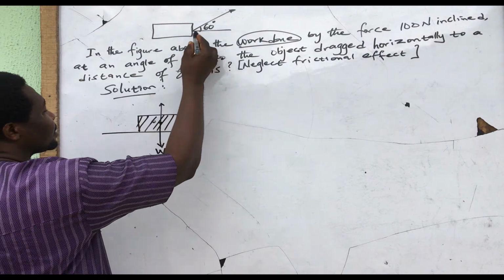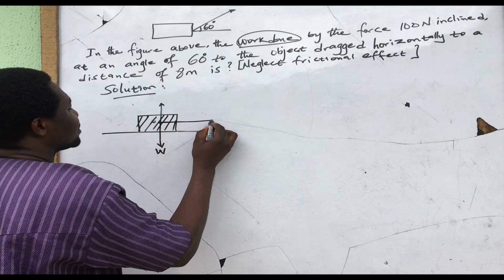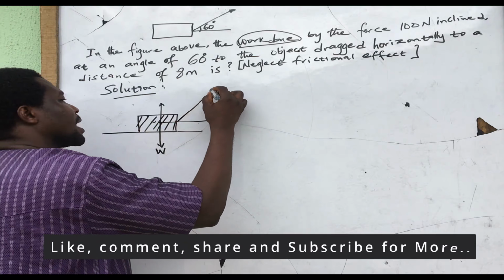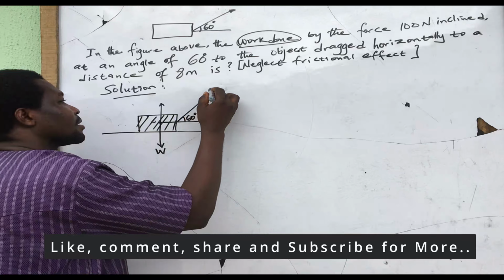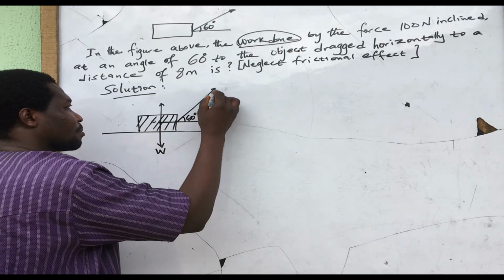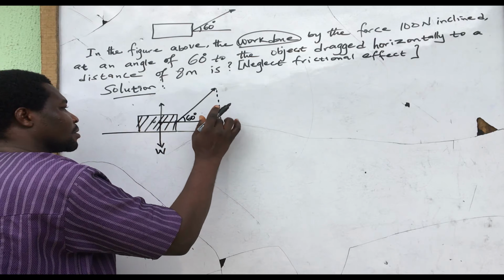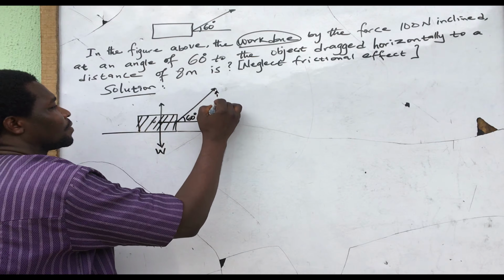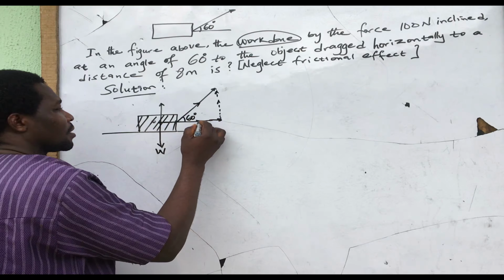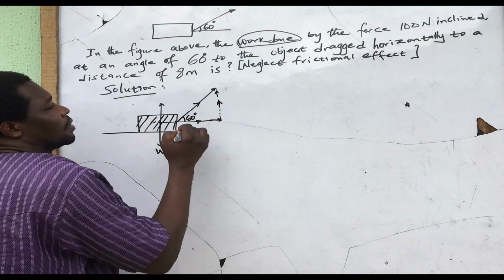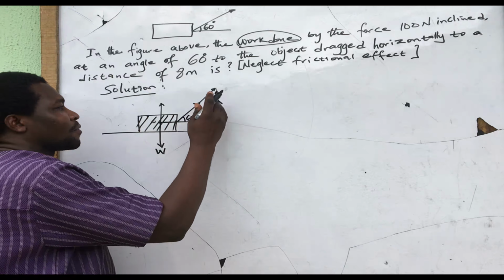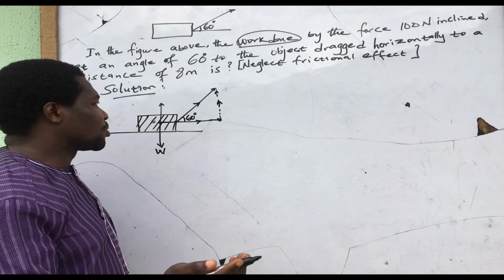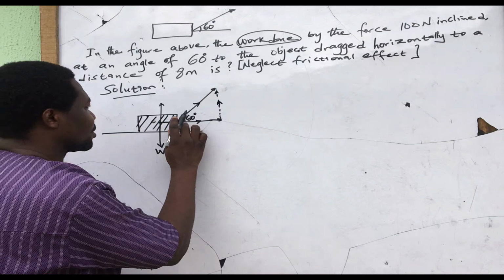If it is inclined at 60 degrees, we are going to resolve this into components. We have a vertical component and a horizontal component.